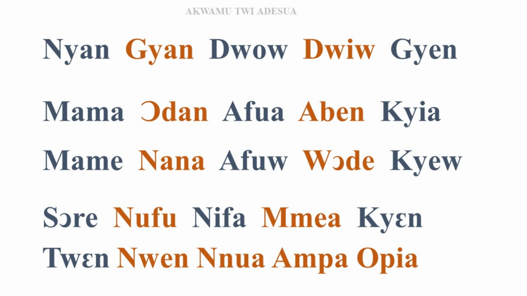Then we have the T, W, E, T, W, will give us Ch. Then we have E, and then to this one will also give us Cheng.